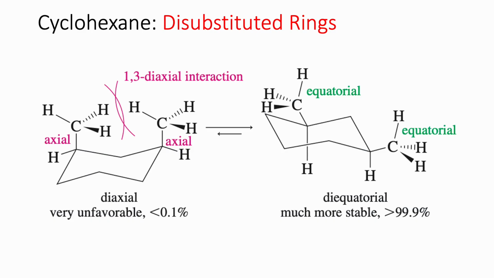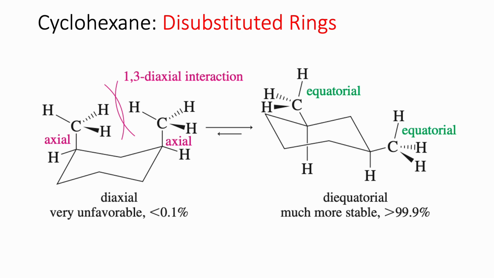So when we have di-substituted rings, there are a couple of different relative positions that the groups can have. For example, the groups can both be cis, so they might both be on the same side. In that case, we might have axial and axial if they're 1,3, or if they're right next to each other on carbons 1 and 2, then we might have an axial and an equatorial if they're both pointed up.